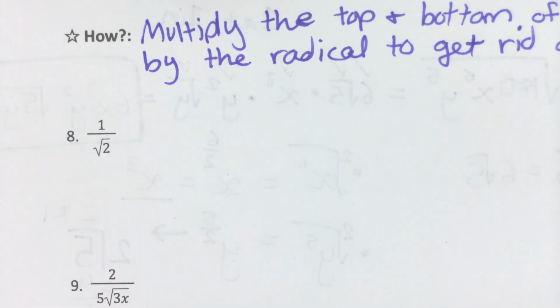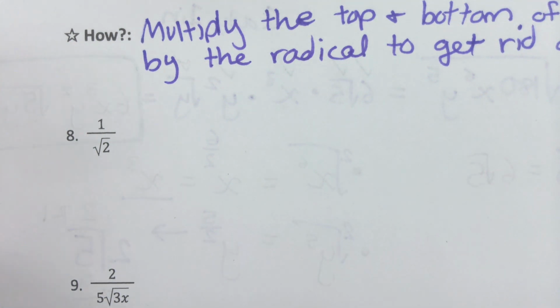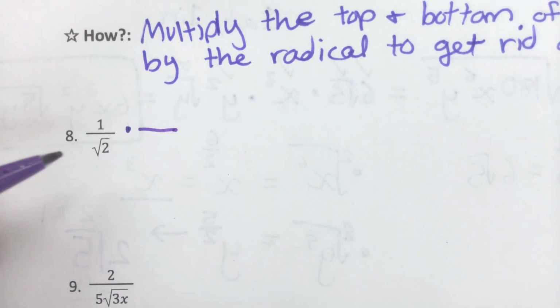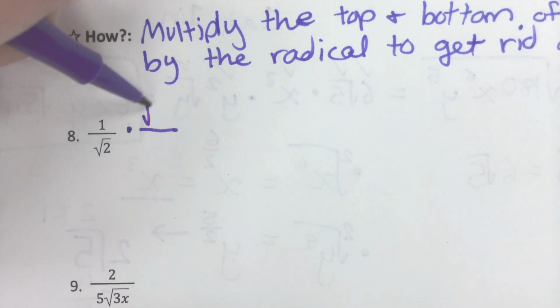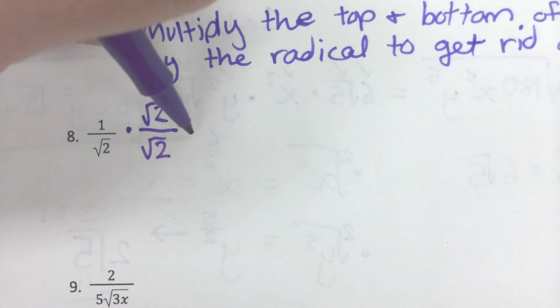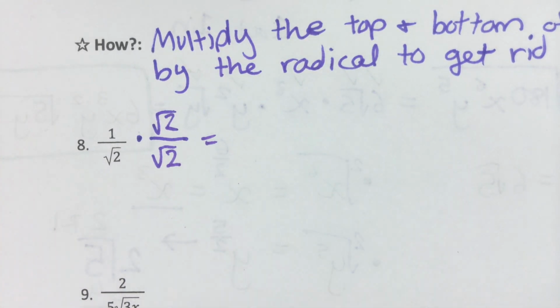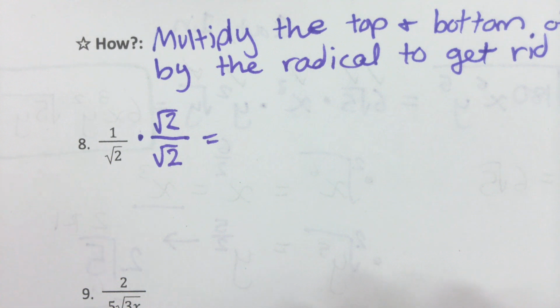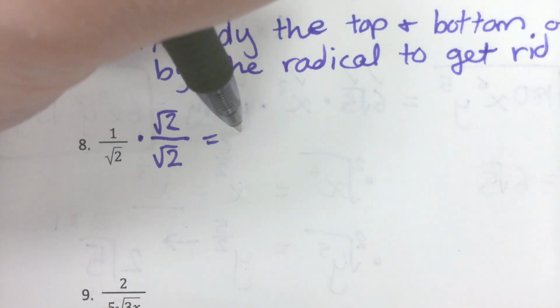Number 8, 1 over the square root of 2. This is a very simple, straightforward problem. We have a square root, a radical on the bottom, not allowed. Let's get rid of it. So again, the how. Multiply top and bottom by that radical, so square root 2, top and bottom. Then we'll multiply straight across. 1 times the square root of 2, that's still going to be the square root of 2.